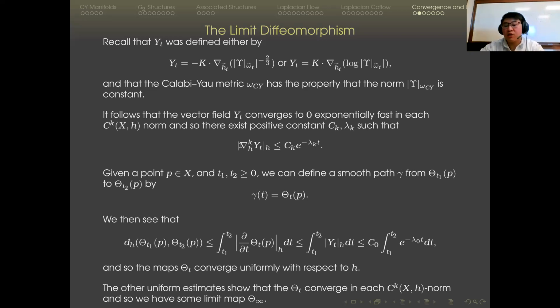So these are all going to converge in each C^k norm, and this gives us some limit map as t goes to infinity. So at least they converge to some map. Now we just need to check that it's a diffeomorphism.